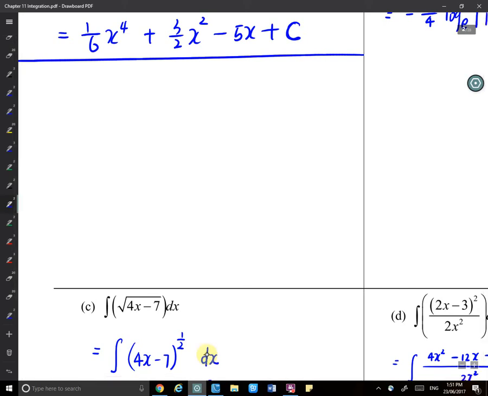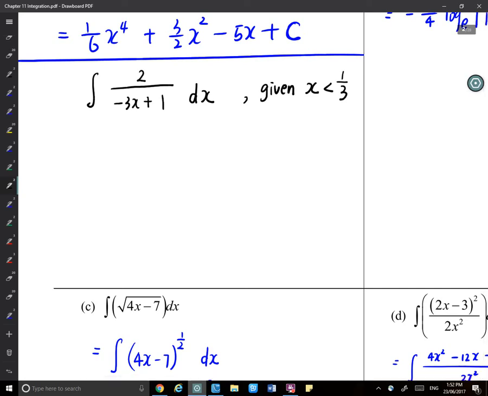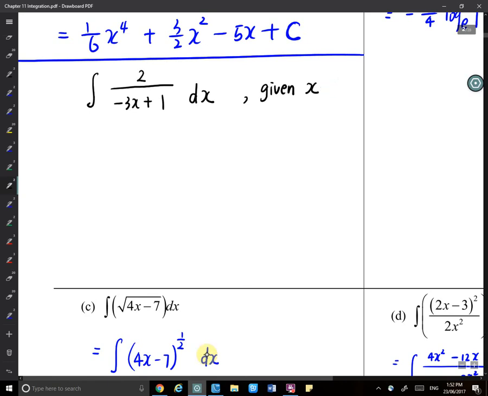Well, what I want to do is the integral, and given x is greater than a third.